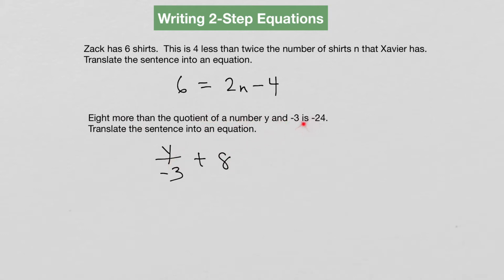Is, that's my key word. That means it's going to be equal to 24. Okay, so let's review this. 8 more than the quotient of a number y and negative 3 is 24.